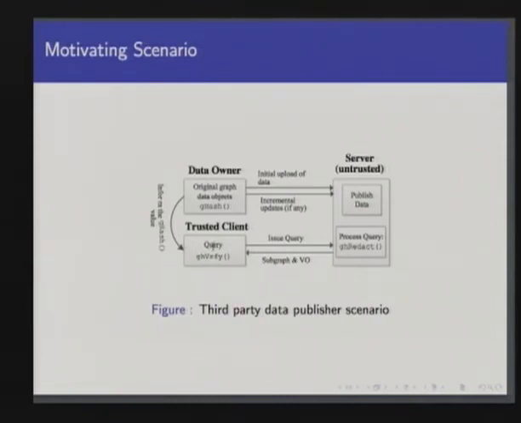Users want to retrieve some information or some data which is stored on some server over the internet, and we say that this server is storing that information and that data and that server is untrusted. So that server can be compromised. On the other side, that server can in fact forge some data.